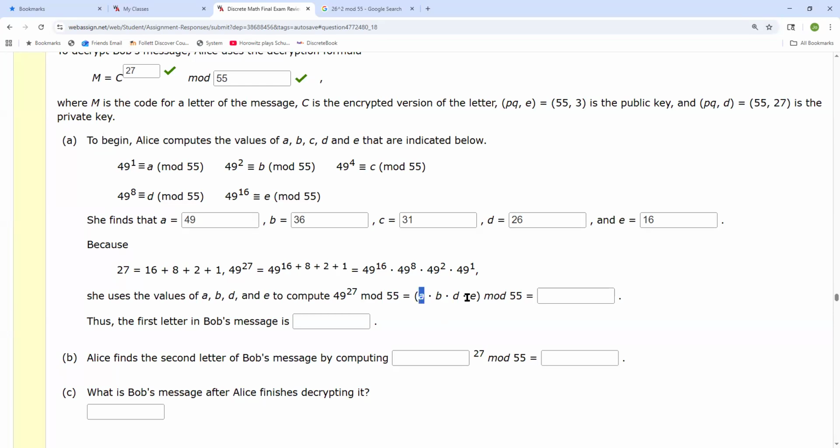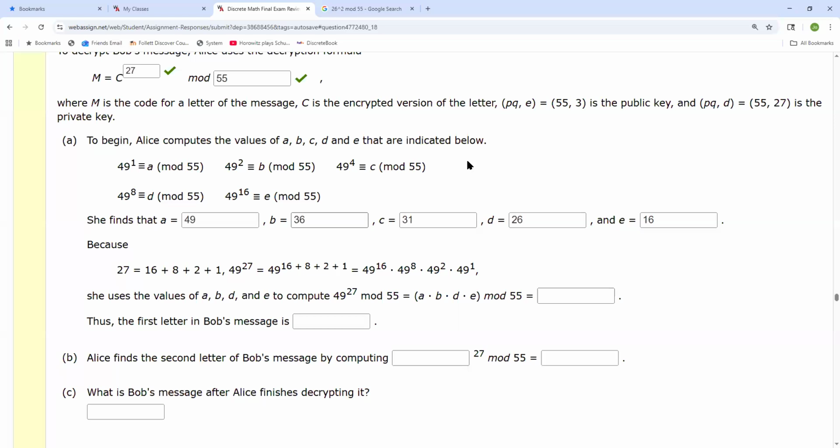But all you have to find out, it just tells you, is that A, B, C, A, B, D, E mod 55 is all that you need to find. So you just need to find about 49 times 36 times 31 times 26. Wait, 49 times 36. You don't even have C in it, actually. Just 49, 36, 26, and 16.